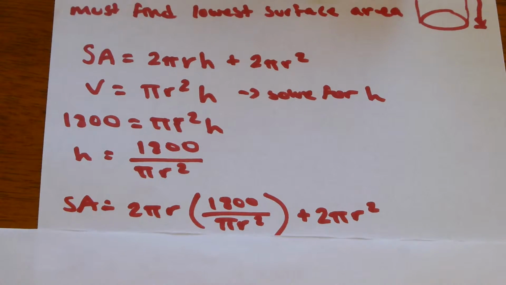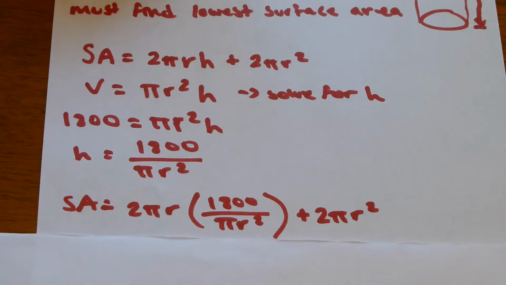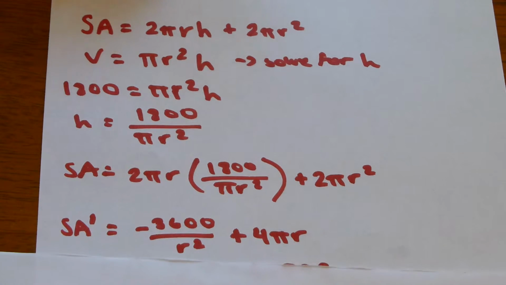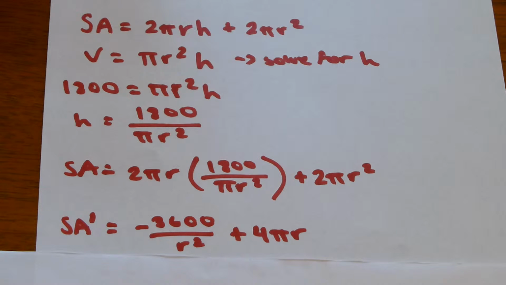By plugging this back into the original surface area formula, we get this surface area formula in terms of just r. And in this case, by optimizing, we can find the derivative, find where the derivative is equal to 0, and use these critical points to find our minimum. So first, we find the derivative of the surface area, which is equal to negative 3,600 divided by r squared plus 4 pi r.